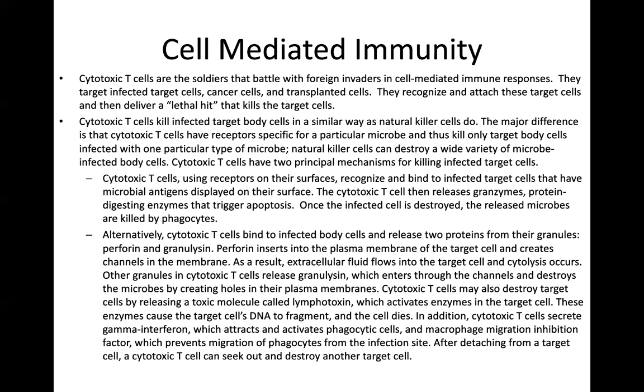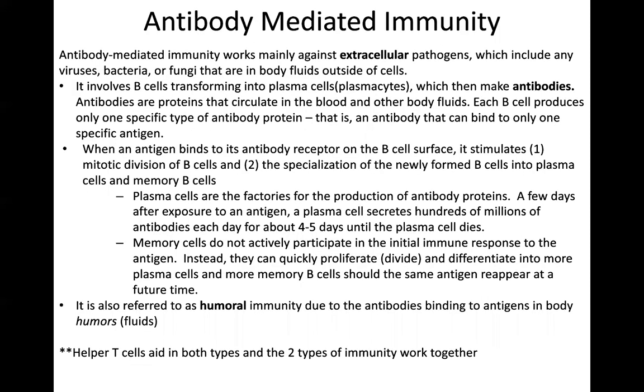There's also macrophage migration inhibition factor, which prevents migration of phagocytes from the infection area. After detaching from a target cell, a cytotoxic T cell can start the whole process over by seeking out and destroying another target cell. So it's pretty cool how that all works, all the different chemicals involved.